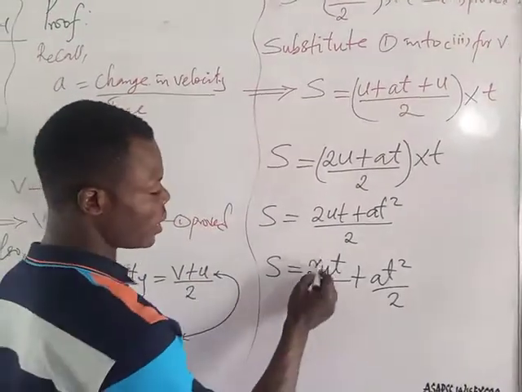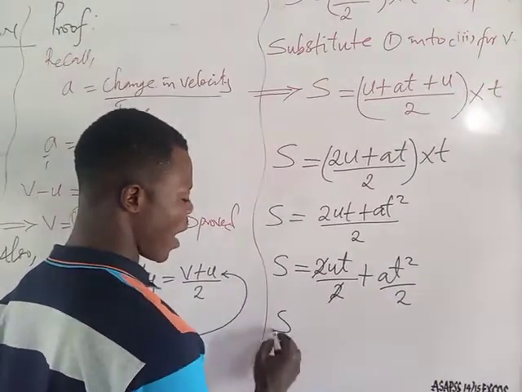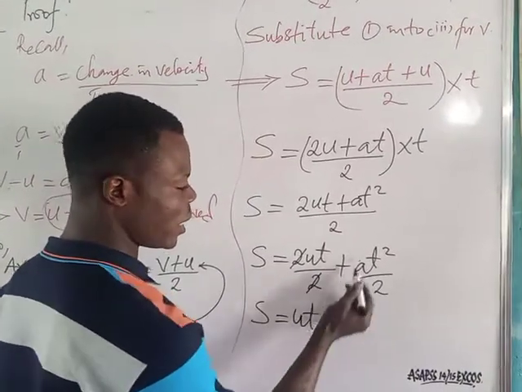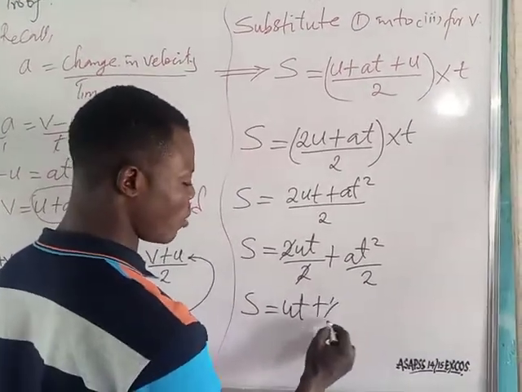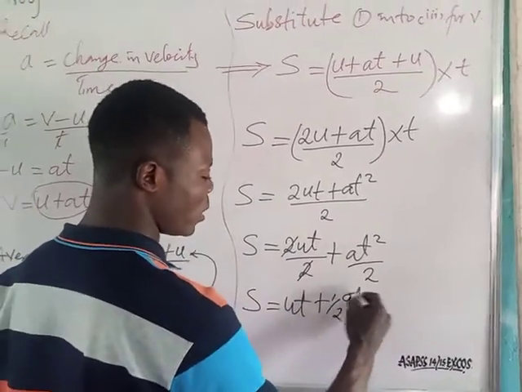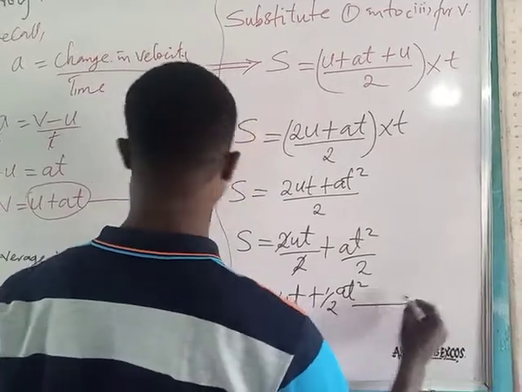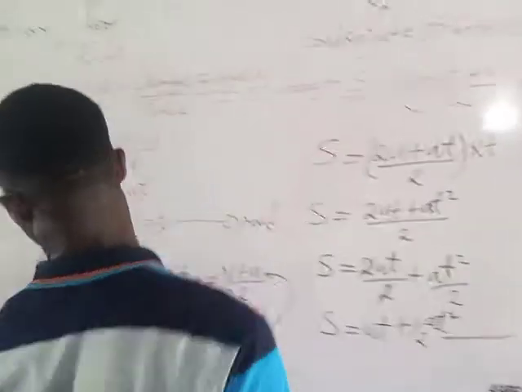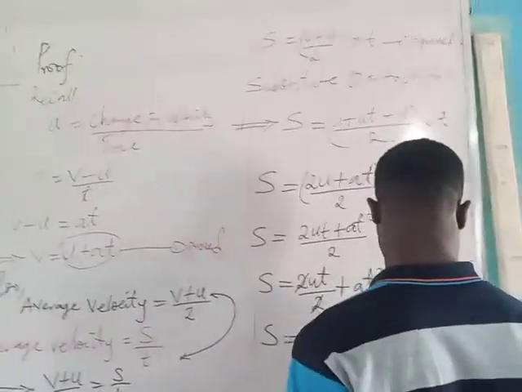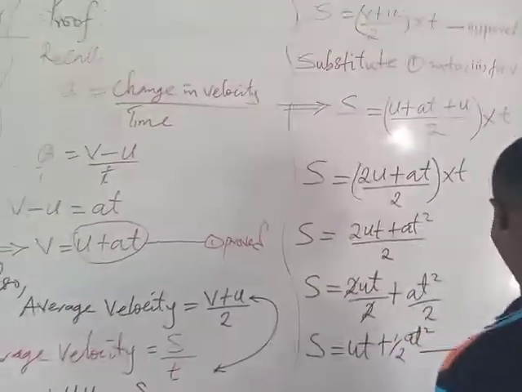This will take care of this, and our X will be equal to UT plus one over 2, or half, of AT squared. So this is what we derive in equation 4 here. So this is equation 4 proved.